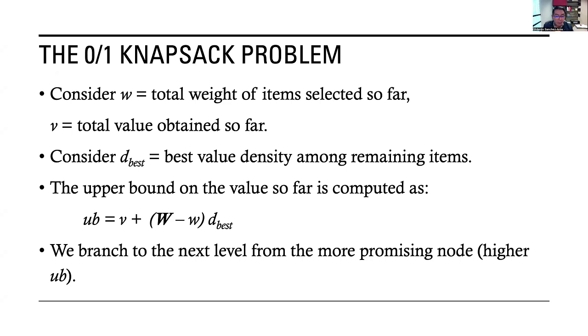Now, remember that we said that we will need to compute the upper bound value. And that is going to be computed in the following way. The upper bound is going to be the total value that we have obtained so far, plus the multiplication of the remaining weight that I can use in my backpack, multiplied by the density of the best item that I can take at that moment.